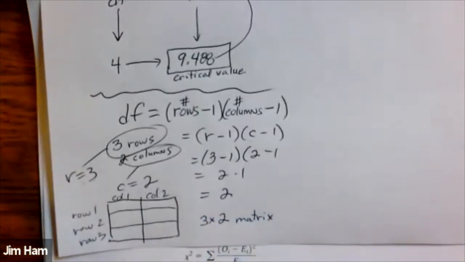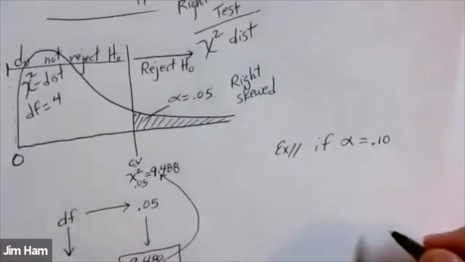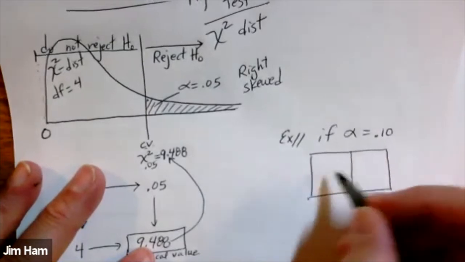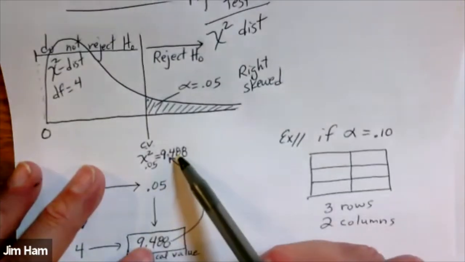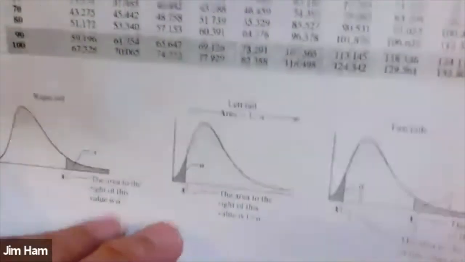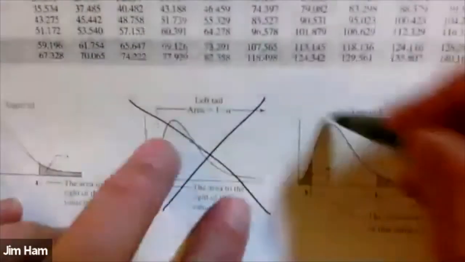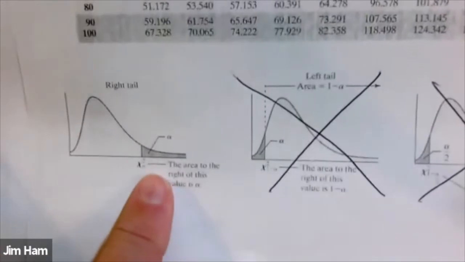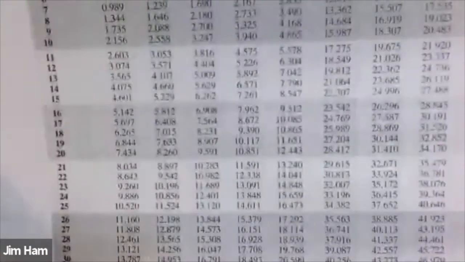It's like a grid. Okay, if alpha equals 0.10, and we have our marriage happiness example, we'll go find this critical value from the table. By the way, you're going to have 3 pictures down here. We're not going to do this one, and we're not going to do this one. This is the only test that we're going to do, a right-tailed test in this section.